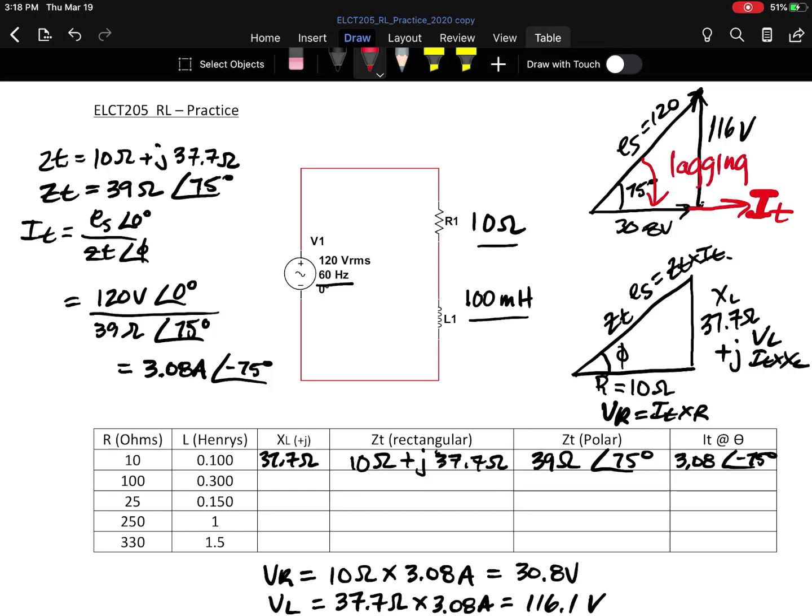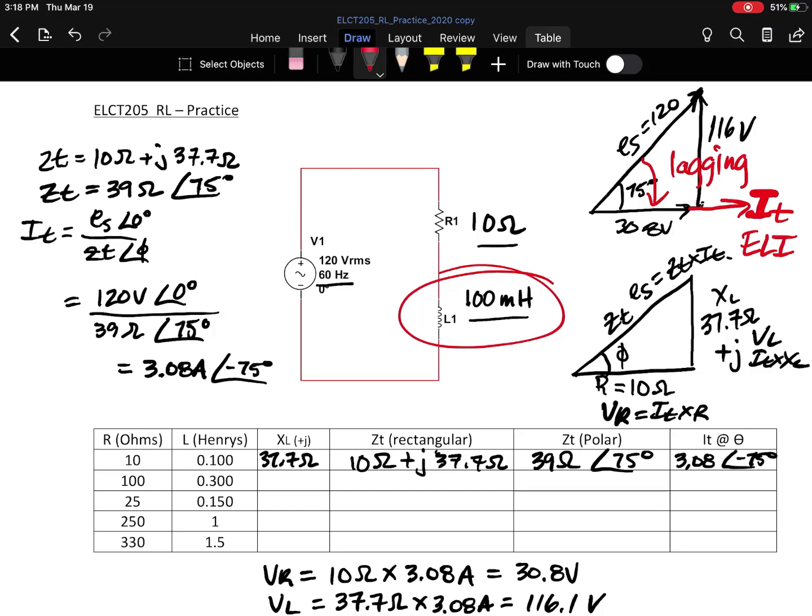This is a lagging angle. All right, so that's all supported by our acronym that we know for an inductor circuit is ELI. The current will lag the voltage in an inductive circuit. And no doubt we have an inductive circuit based on an inductive load in series. So sure enough, current's lagging voltage.